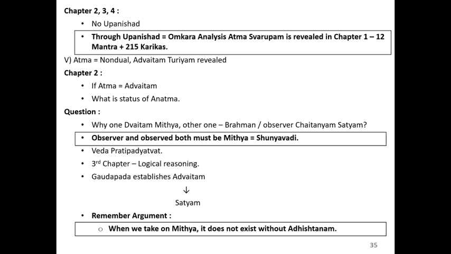In the 2nd, 3rd, and 4th chapters, there is no Upanishadic teaching. But through the 2nd, 3rd, and 4th chapters, what is established? Omkara analysis gives the Atma Swarupam, which is revealed in the 12 verses.